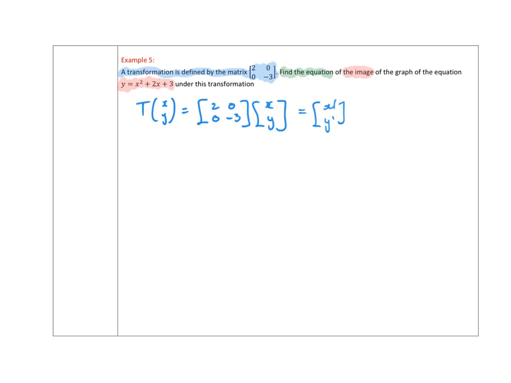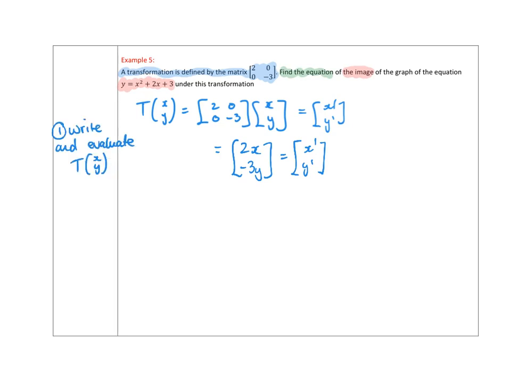I can see by multiplying this equation that we have 2x and negative 3y equal to x dash and y dash. So this is really my step 1, which was to evaluate the matrix equation.